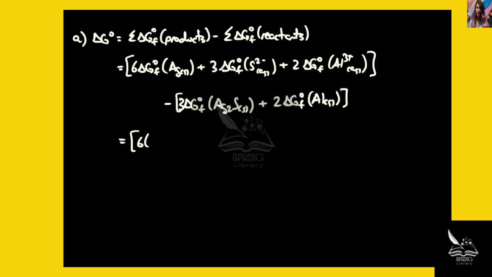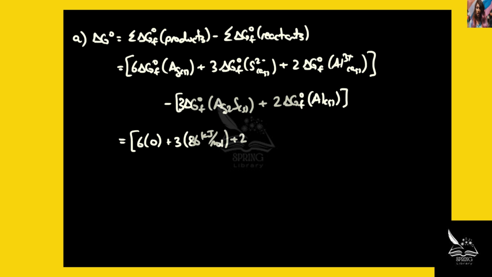So this would be 6 delta G naught formation of silver is 0, plus 3, and for S2 minus, this would be 86 kilojoules per mole.